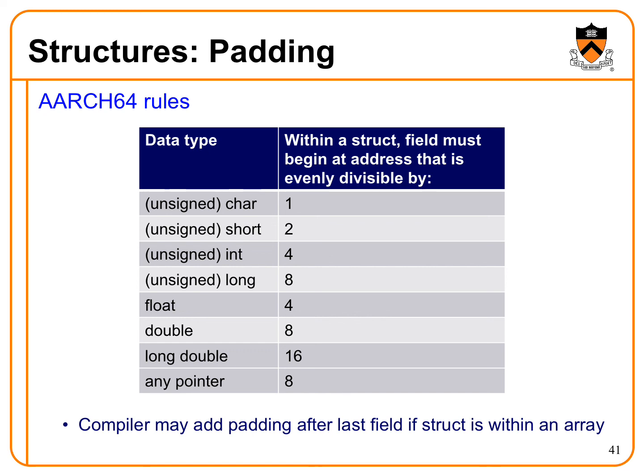But if we have them in an array, we don't necessarily have this guarantee. Because of this, the compiler may add padding after the last field to make sure that inside of an array, the next array element, its first field will be well aligned.